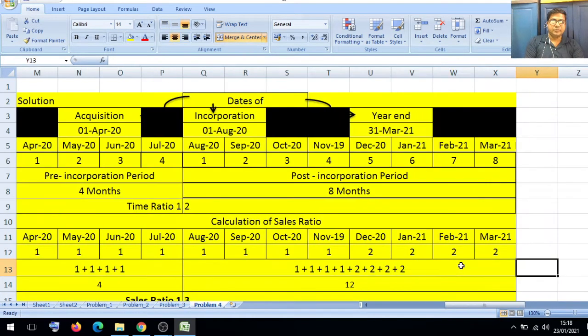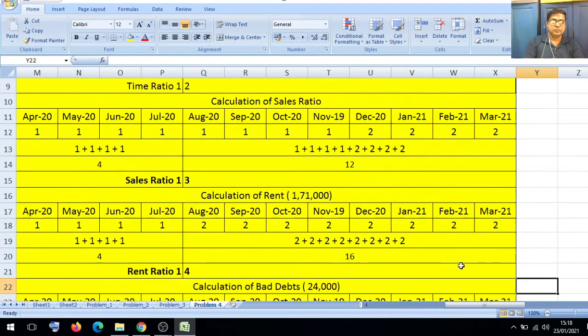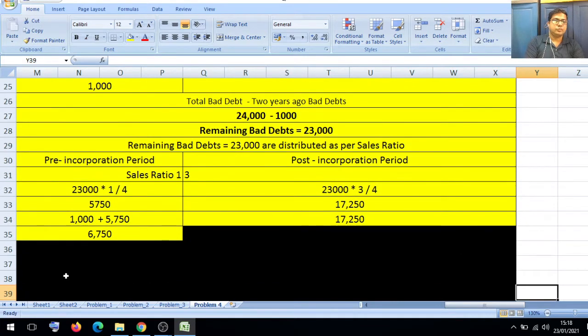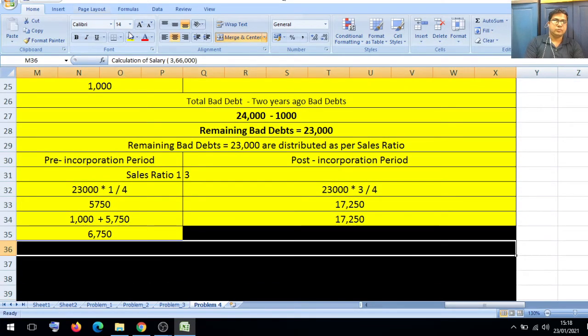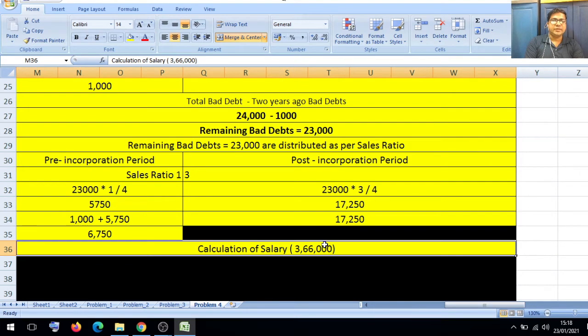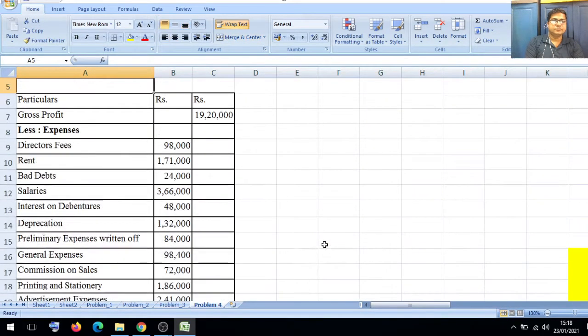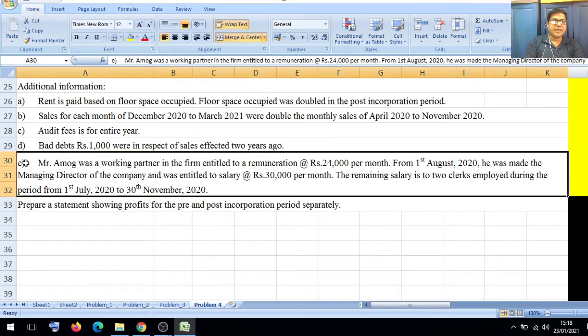After recording, the next item is salary. Salary is 3,66,000, and they say that Mr. Among was a working partner in the firm entitled to a remuneration at the rate of rupees 24,000 per month.